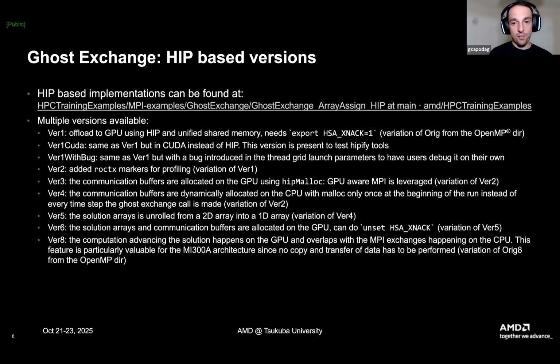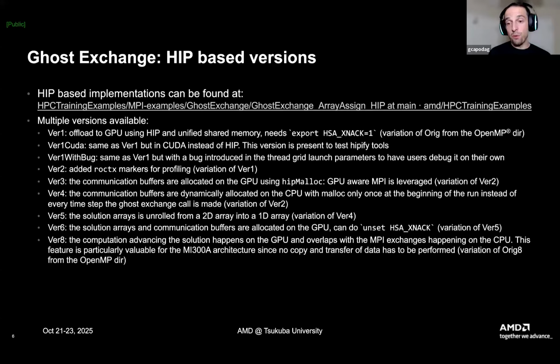So the HIP version is the one that I wanted to discuss next. And once again, we have multiple versions here. Most of them kind of mimic what we have already seen with OpenMP. So for instance, for version 3, the communication buffers are located on the GPU using the HIP API, so with hipMalloc.